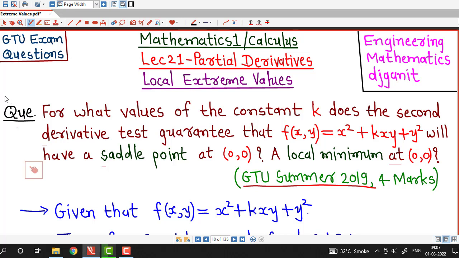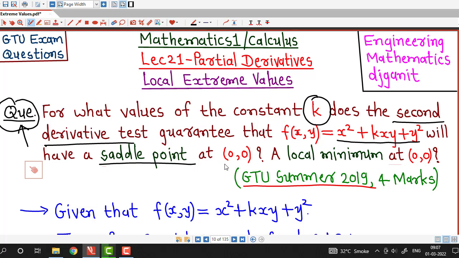In this lecture we will discuss one more question on local extreme values. First we understand what this question is about. For what values of the constant k does the second derivative test guarantee that f(x,y) = x² + kxy + y² will have a saddle point at (0,0), a local minimum at (0,0)?